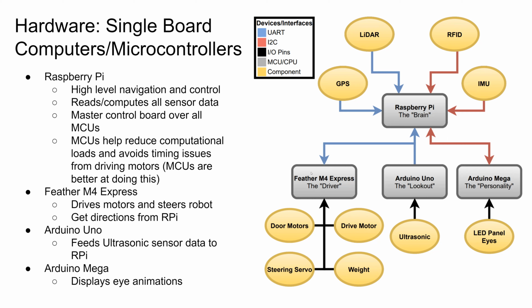And the Raspberry Pi would tell the Feather which direction to turn and also when to turn on the drive motors or turn them off. And the purpose of this was that the microcontrollers help reduce the computational loads and also avoid timing issues from driving motors.